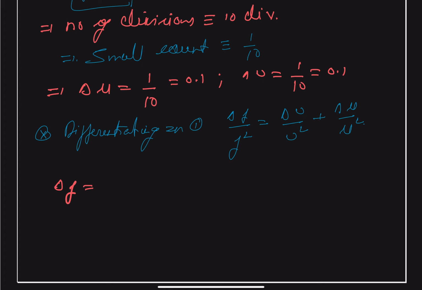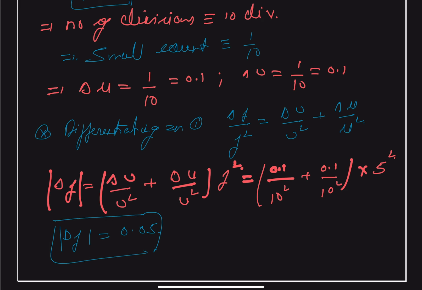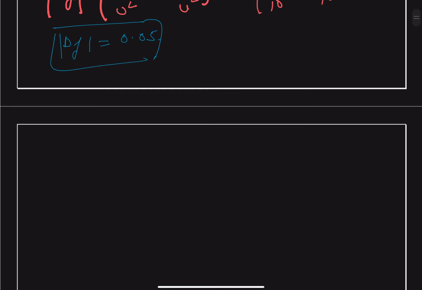So this gives us that our delta f is equal to 0.05. Therefore we can write that f plus minus delta f will be equal to 5 plus minus 0.05.